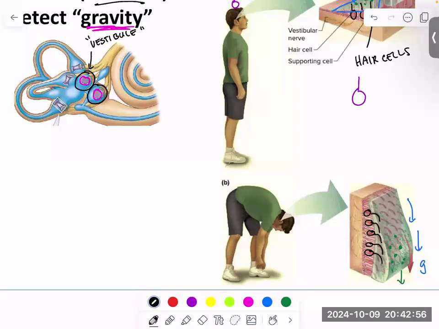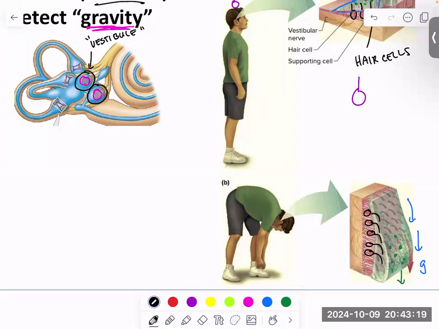Are you laying down with your back up? With your back on the bed? Are you in a weird position where you have your feet hanging on the ceiling and now your head's upside down? They will detect the orientation of your head by detecting gravity. This is what your otoliths do.